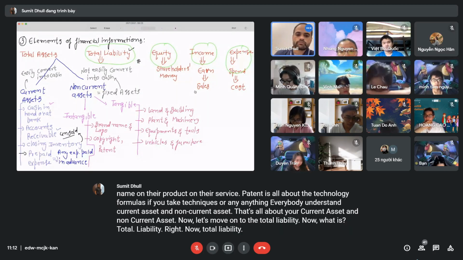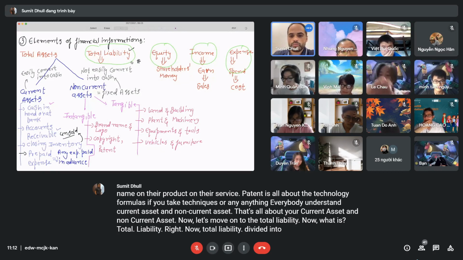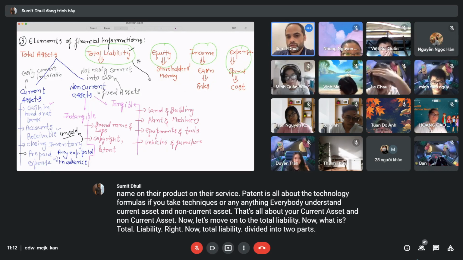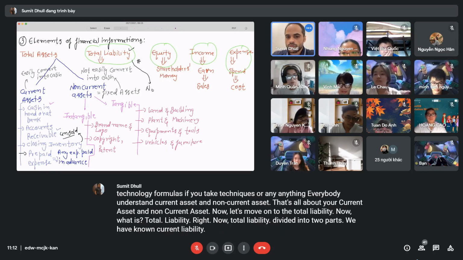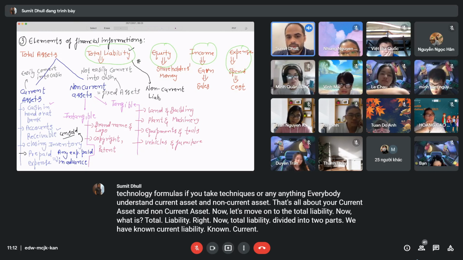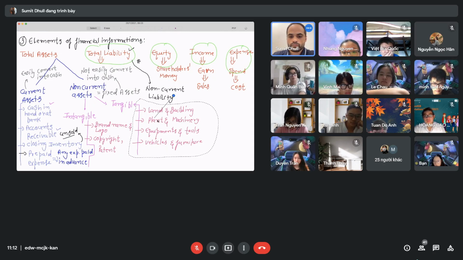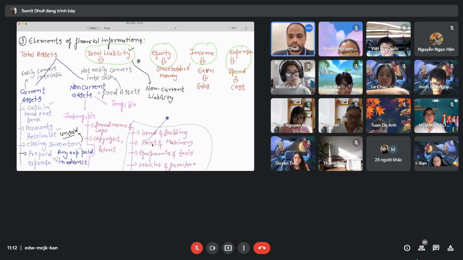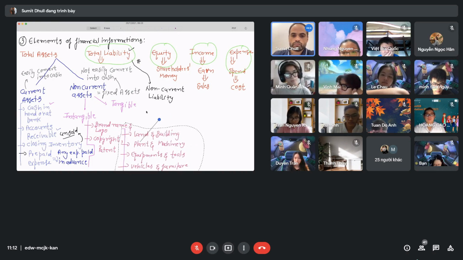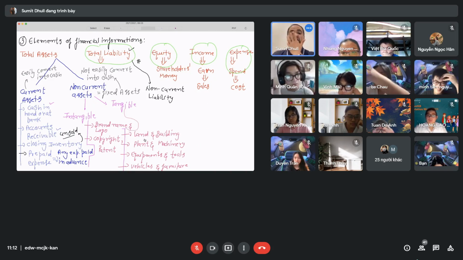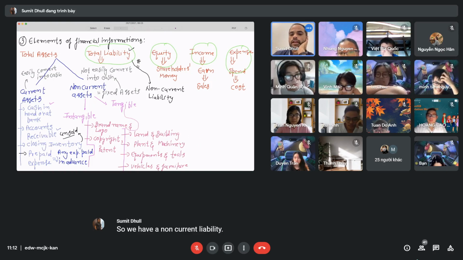Now, total liability is divided into two parts. We have non-current liability and we have current liability.